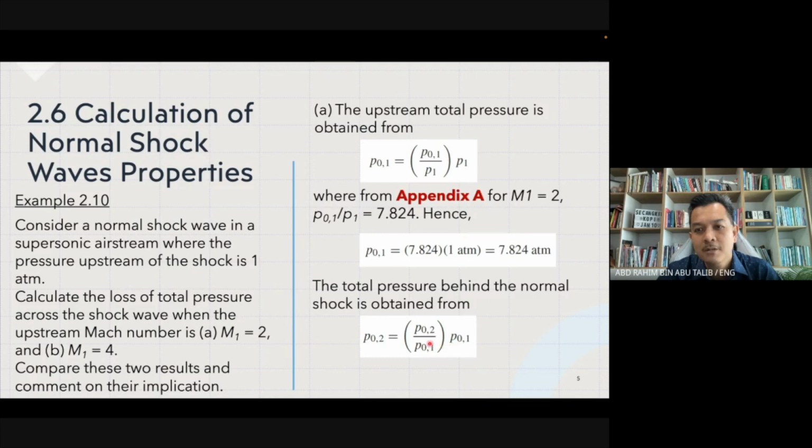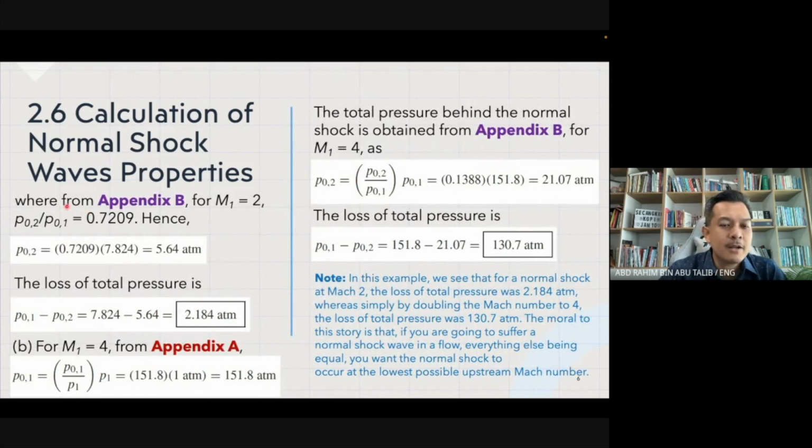So this is basically, if you cancel it out, you will get the value of it is equal to P02 over there. Right after the normal shock, you are going to use Appendix B, because we need to use Appendix B when we already cross the shock wave.